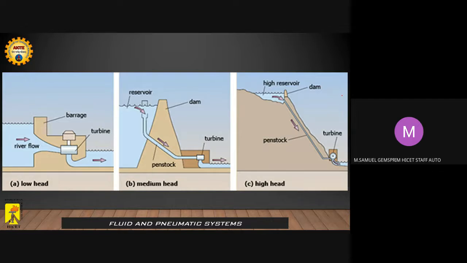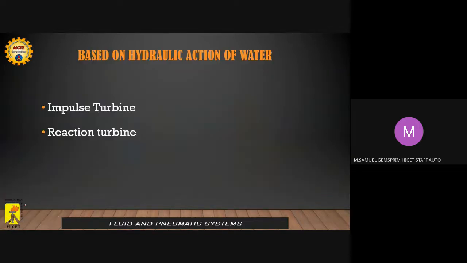So in case of low head, we use the Kaplan turbine. In case of medium head, we use the Francis turbine, and in case of high head, we use the Pelton wheel turbine. Yeah. So let us move on to the next category.